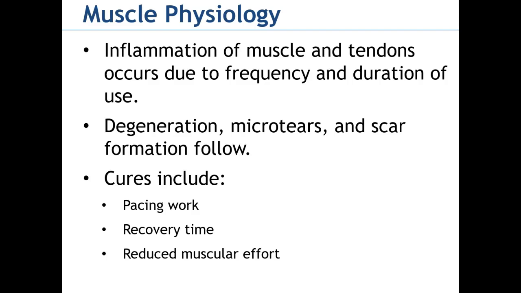The degeneration, micro tears, and scar formation will follow with this type of frequency and duration in the use of the upper extremity, or in the way that the patient or the technologist is sitting.